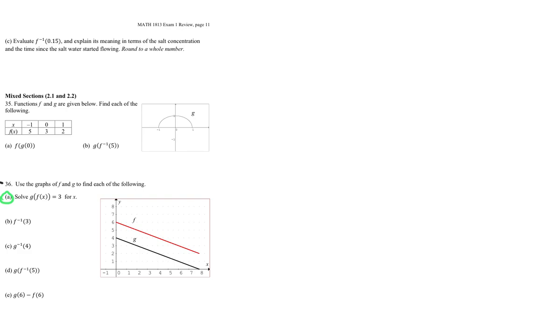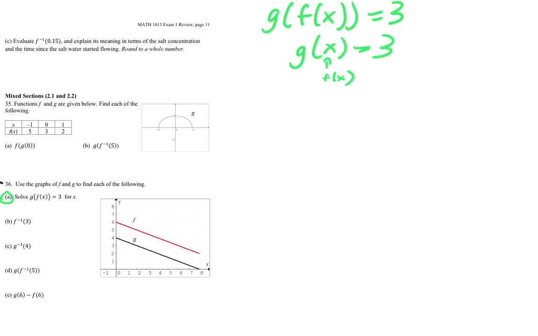Alright, so now we're looking at 36a. We want to solve for g of f of x is equal to 3 for x. So g of f of x is equal to 3. So we know that g of, g's x is equal to 3. That's also f of x. So if we look back and we find out when g's y is equal to 3, we're going to look at here, and then we're going to come across, and that's 2.